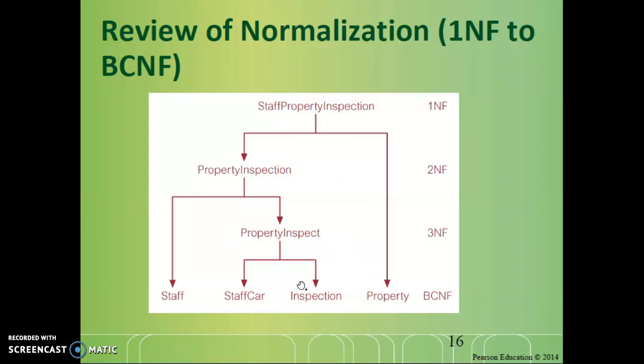Always remember one more point: the original relation staff property inspection can be recreated from the inspection, property, staff and staff car relations. That means if we combine all these four tables, the original relation should be recreated. That is called lossless join dependency.